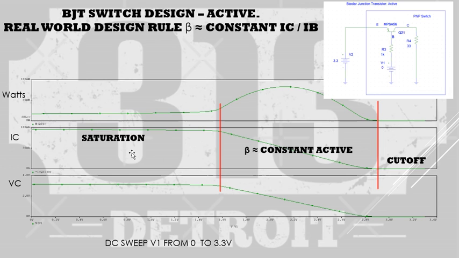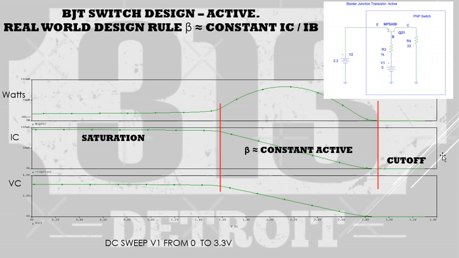When we're passing from saturation, where we have maximum collector current flow, you can see IC up here at 100 milliamps, into the cutoff region where IC is equal to 0, we want to spend the smallest amount of time as possible in the active region. And the reason is switching losses.